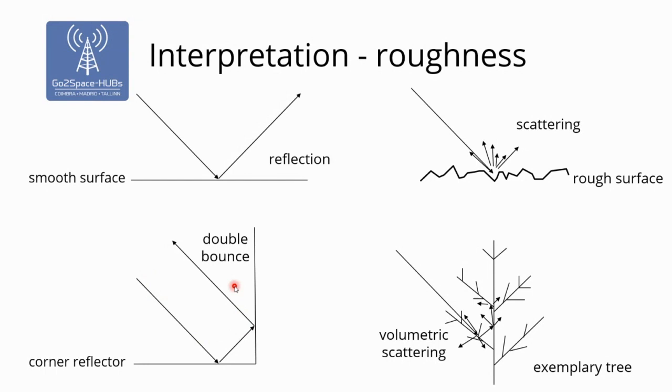So for example, a built-up area will be very bright in this kind of image. In contrast, when we have vegetation, trees and wheat or whatever, we have something like volumetric scattering, which will be well seen in cross-polarized images, so VH or HV.